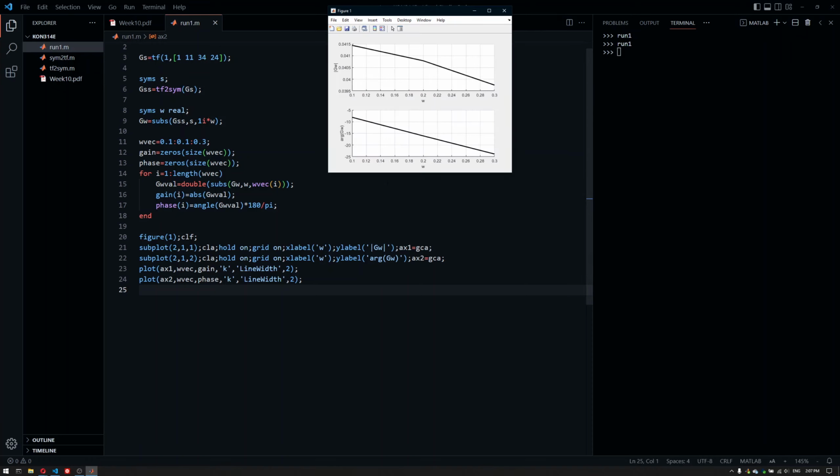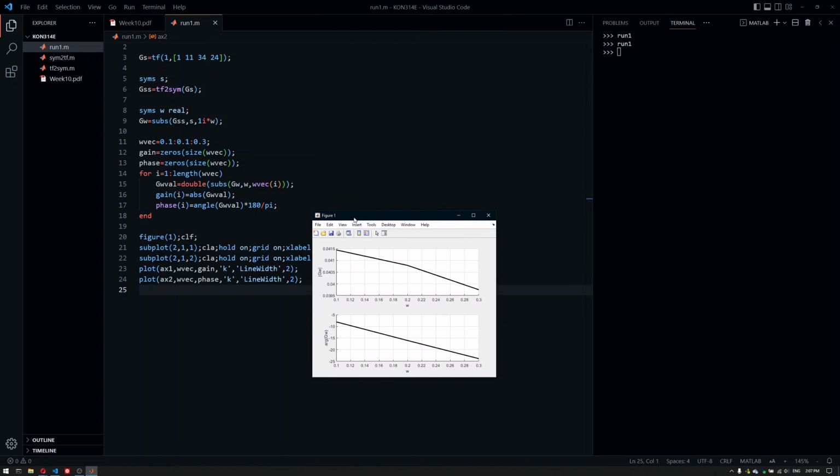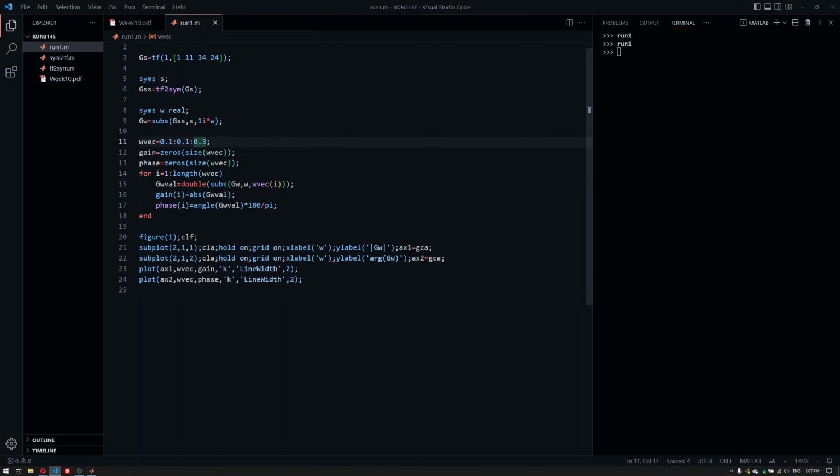So let's see. That's the result. Of course, since we have only 3 frequency values in our vector, this doesn't resemble a Bode plot, but let's increase it up to maybe 10. It will take some time.